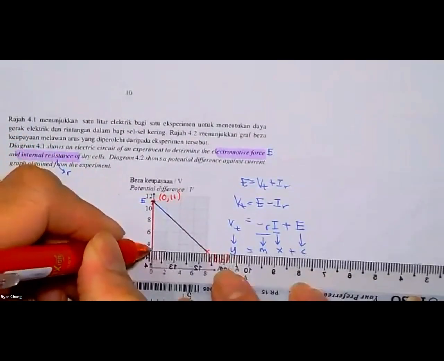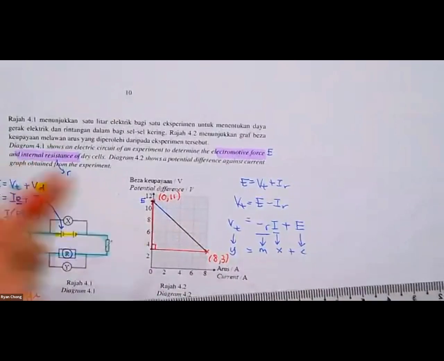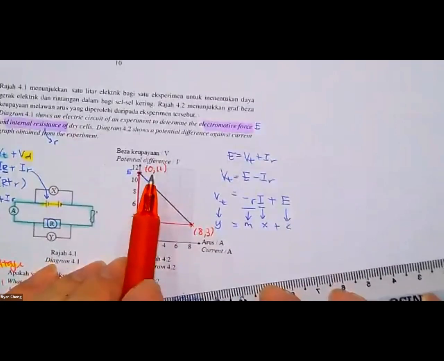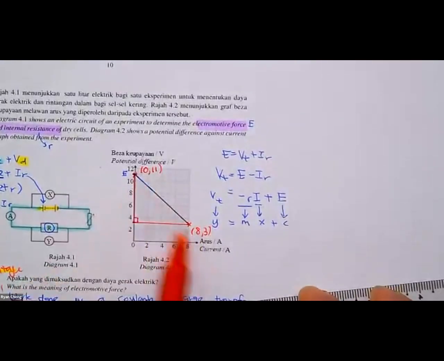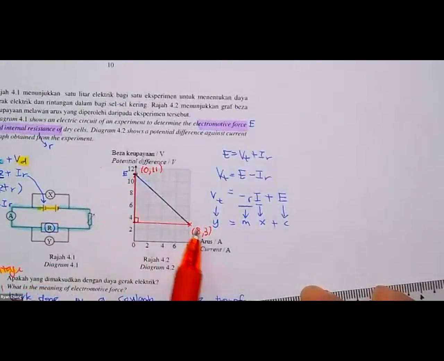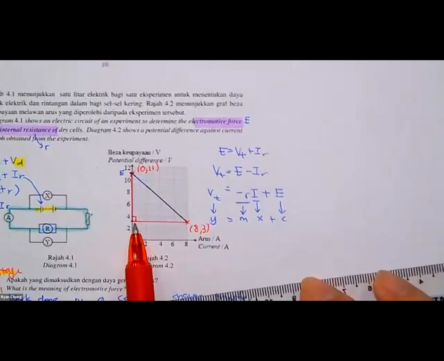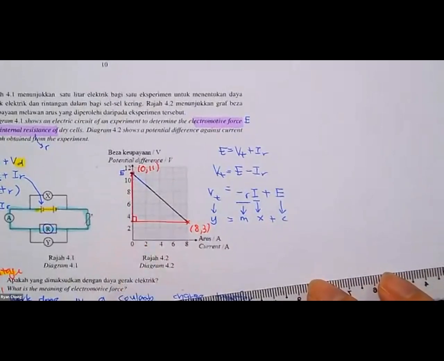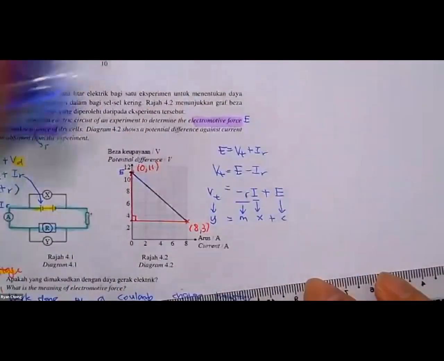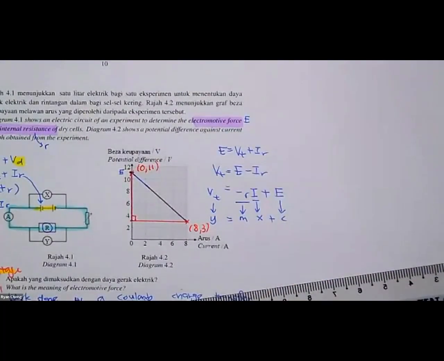One more thing I have to advise you: when you want to calculate the gradient, I prefer you get the coordinates, write the coordinates correctly, and then form a right angle triangle by writing the right angle here. Do it like this, it's better. Then only you calculate the value. Like this, you get 1 mark.